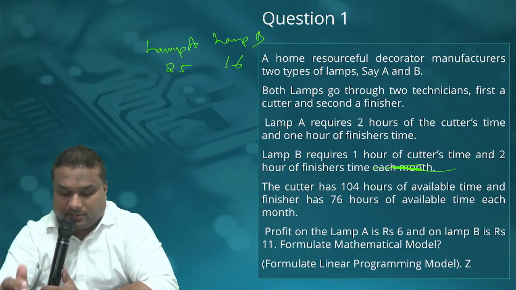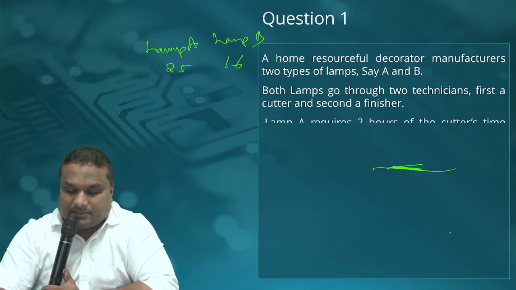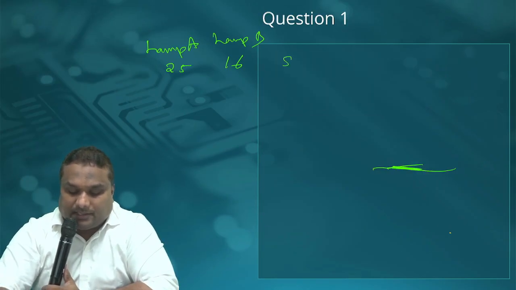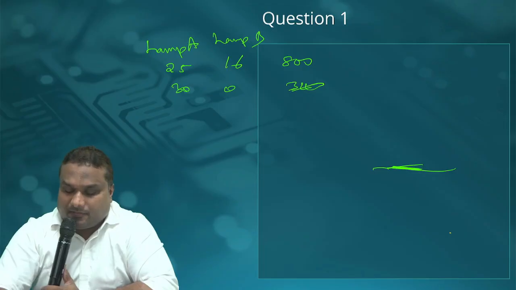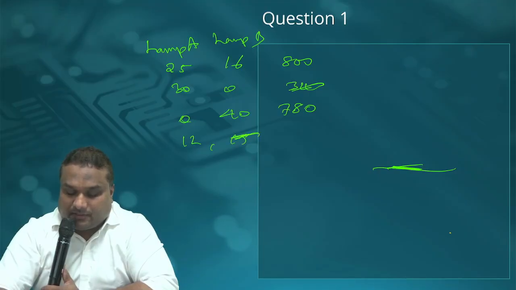So if you are producing like this, your total profit is 800 rupees. If you are producing 30 of lamp A and 0 of lamp B, your profit is 340. If you are producing 0 and 40, your profit is 780. If you are producing first one 12, second one 24, your profit is 960.